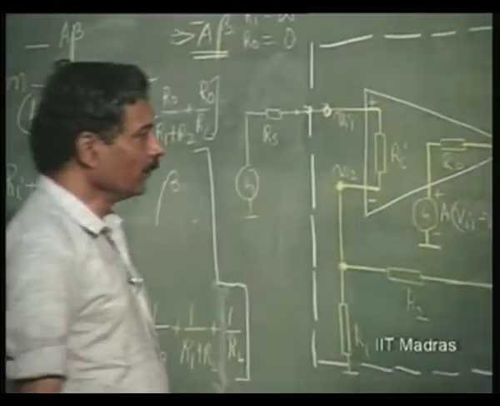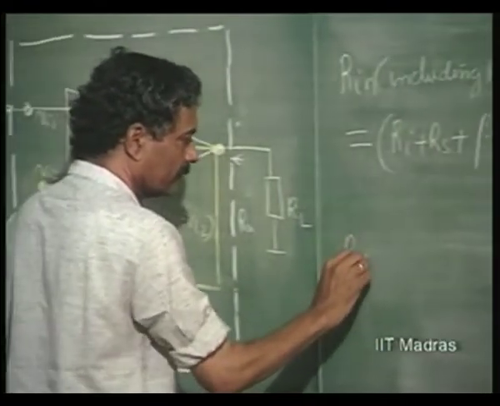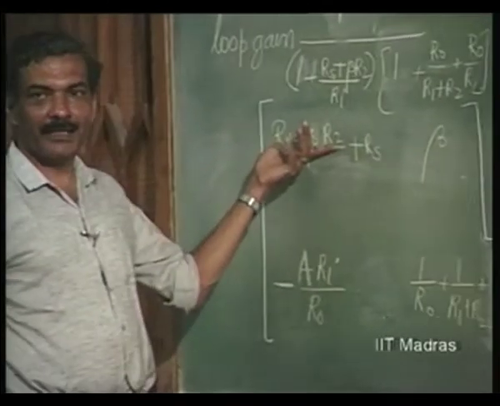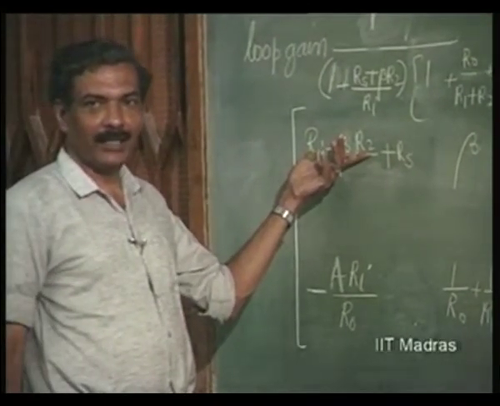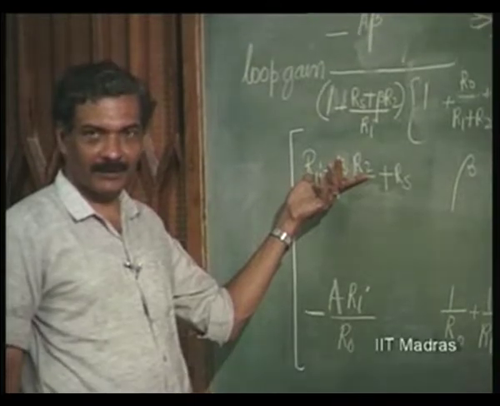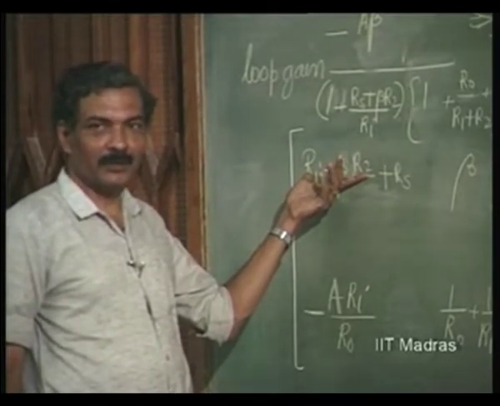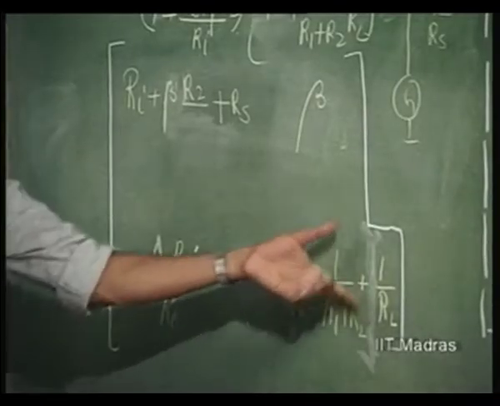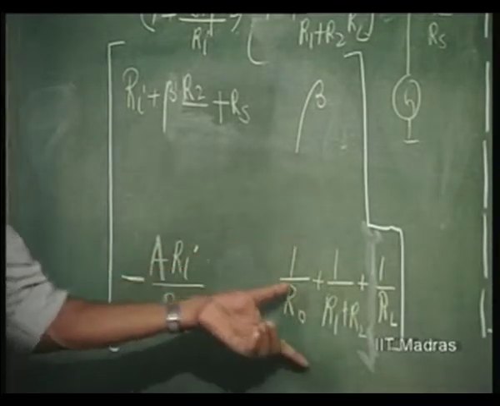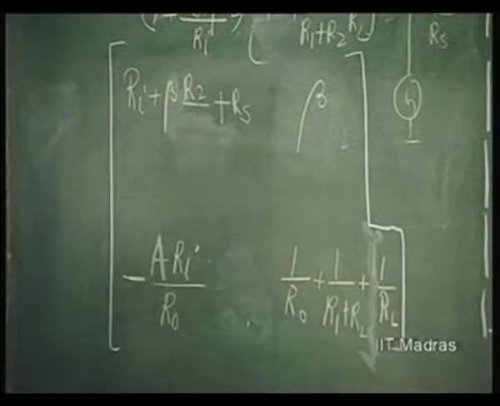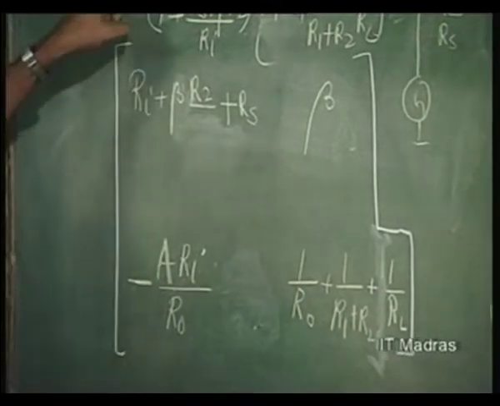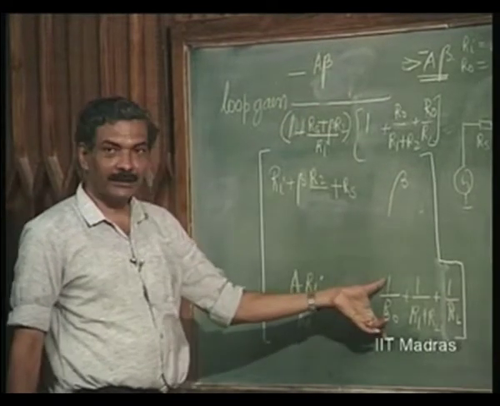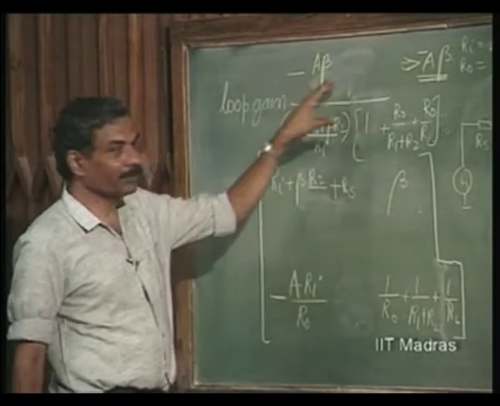Now, output impedance. Once again, you can do it by this method. This one to be divided by delta H, the matrix of this, that is the output impedance, or original output impedance is this, right, that is output conductance is this, right. So, that has to be reduced by a factor of this, right. So, the conductance is increased by a factor of 1 plus loop gain.